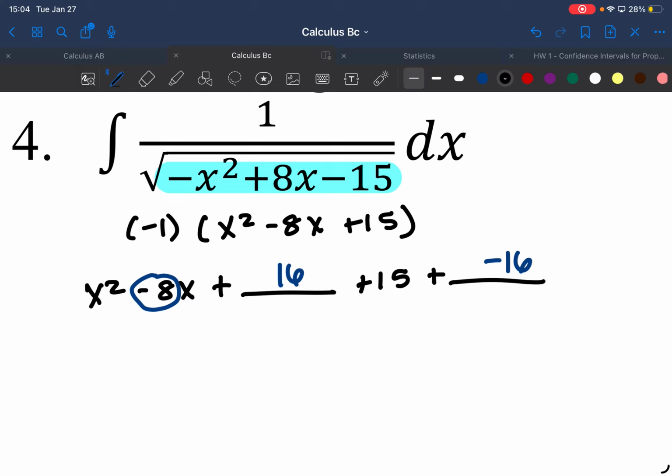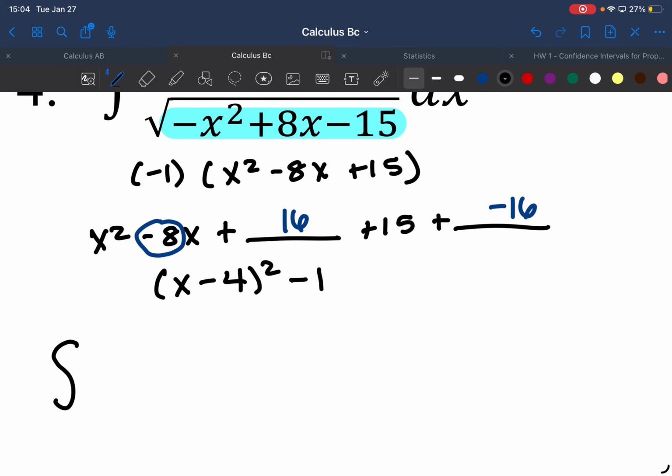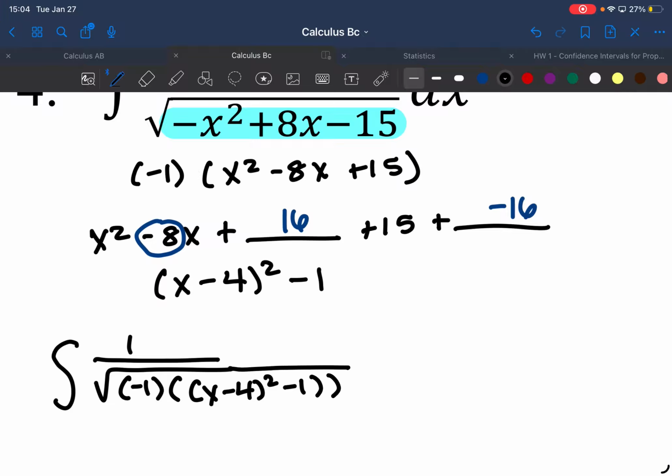Which means these first 3 terms are going to become x minus 4 squared. Good, because we look at our b value and divide it by 2. -8 divided by 2 is -4. That's how I got my perfect square. And then I just simplify the outside term, so what's 15 minus 16? -1. So now I have the integral of 1 over the square root of -1 times x minus 4 squared minus 1 dx.